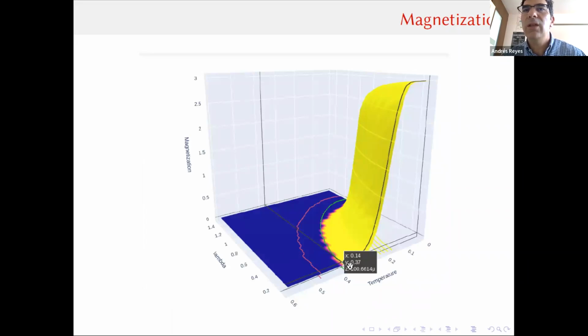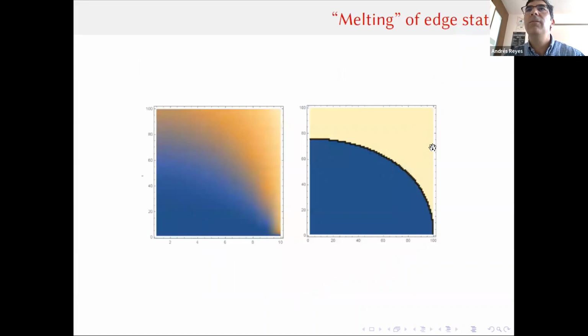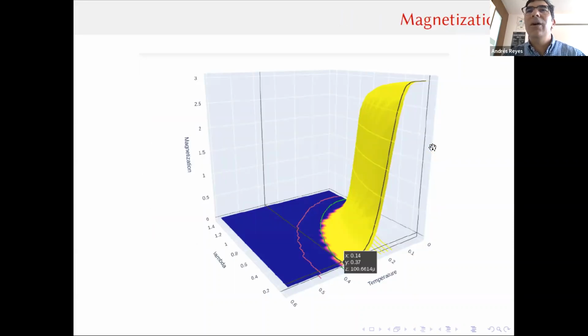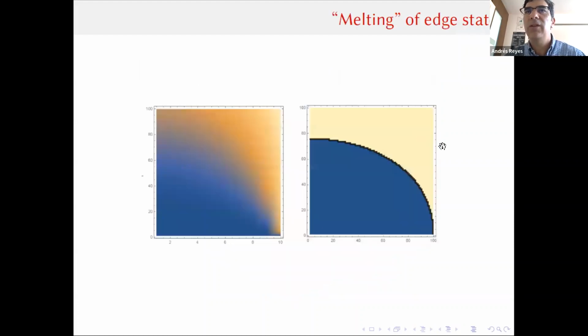Here we have a 3D image of what happens. The green line is a level set for this magnetization curve, and it resembles what is going on with the geometric phase. So far for the magnetization, but now what some people have said about the edge states is that there is no way of capturing what happens with the edge states using this kind of geometric phase. Well, here I have a plot.